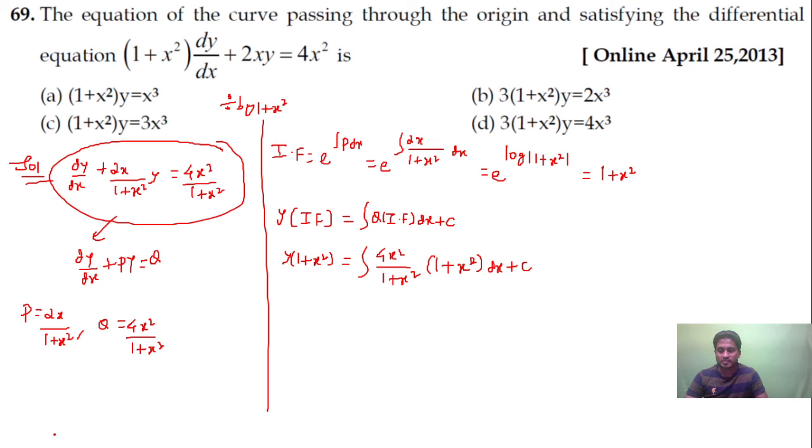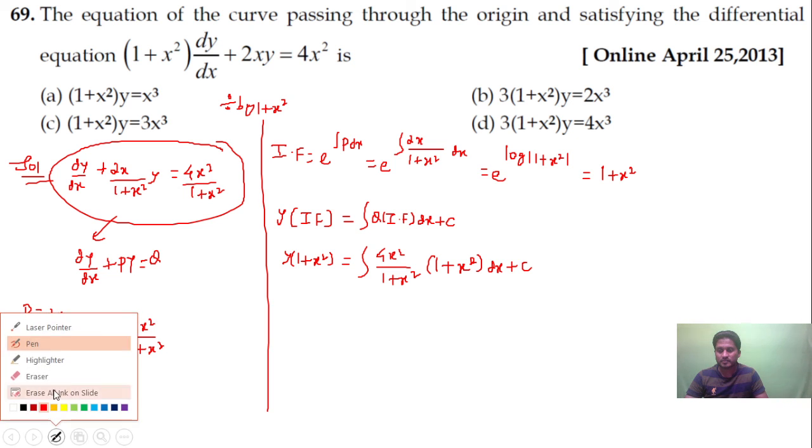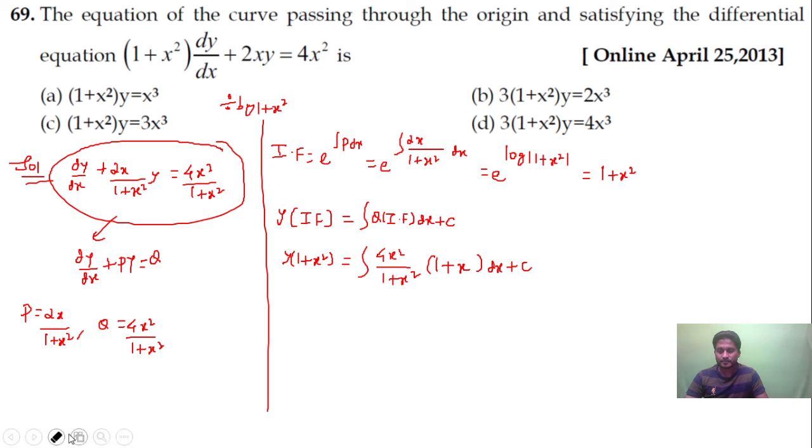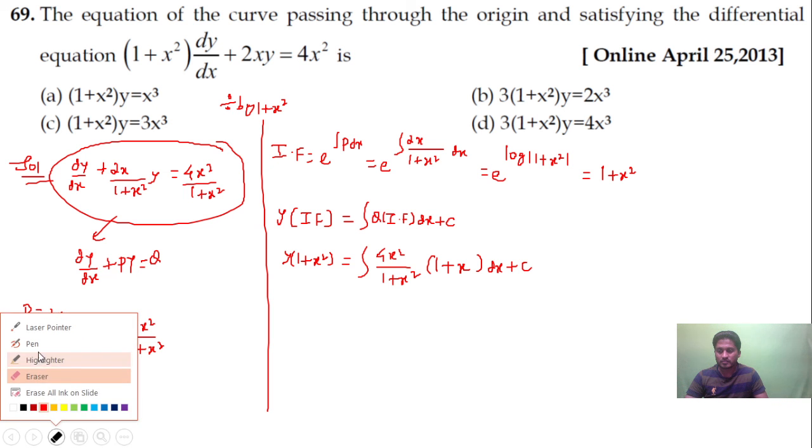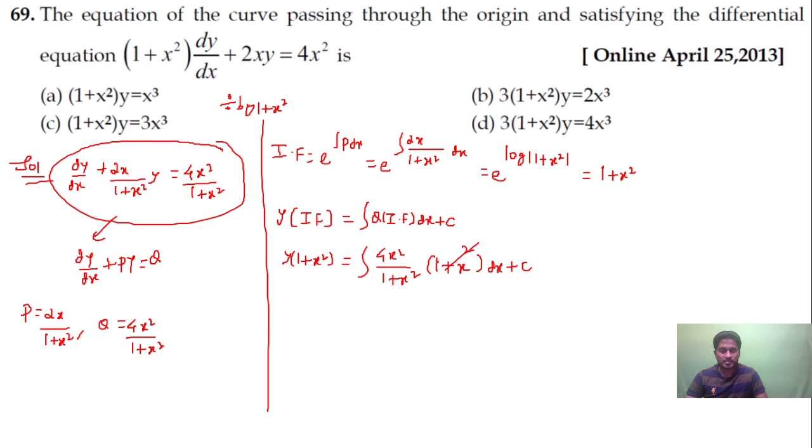So that 1 plus x square will cancel with 1 plus x square. Y into 1 plus x square is equal to 4 times the integration of x square, which is x cube by 3, plus c. You call this equation 1.